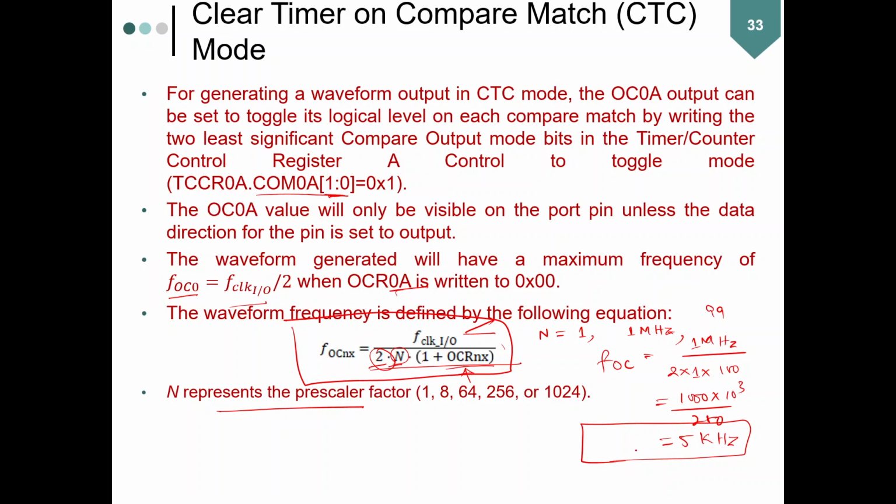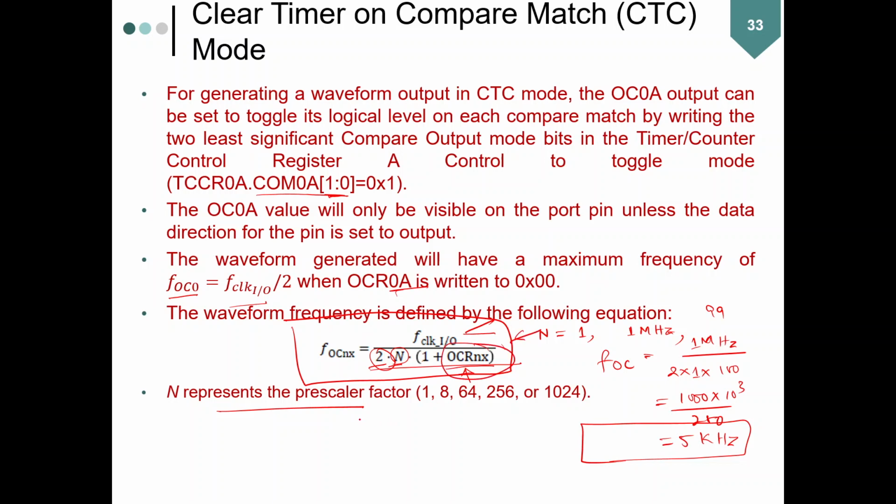So this is a small numerical. Now, usually what we do with this kind of equation is that if we want to generate a specific frequency signal from the timer using the CTC mode, then all we need to do is use this equation to find the value of OCRnx.